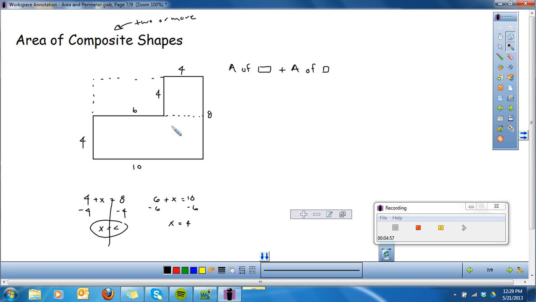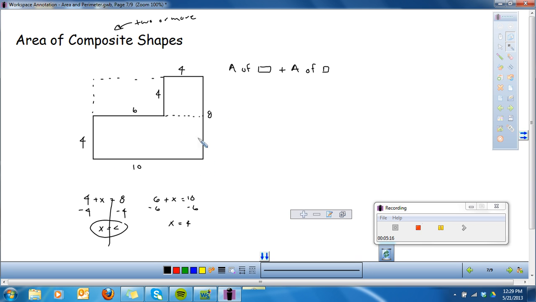Now something I should do before I start is let's just make sure we have a length for every side. Okay, I'm going to go around the entire shape and make sure I have a length for every side. I do. So now let's go ahead and calculate the area. So the area is going to be the area of the rectangle plus the area of the square. And we'll do the rectangle first. So I know I'm not going to use this measurement of 8, because that's the measurement of this whole thing.